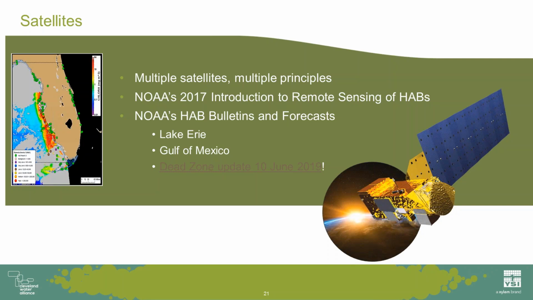So this technology was used to predict that the dead zone this year is going to be the size of the state of Massachusetts, close to the record size that was set in 2017, and exceedingly larger than the 5-year average. So this type of a forecast or prediction is really one of the main points of usefulness about these satellite technologies.